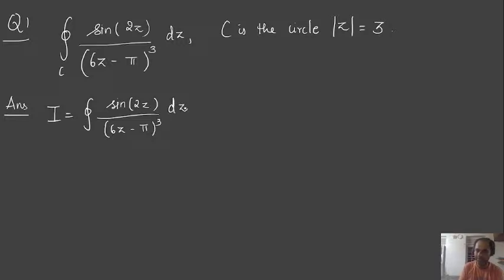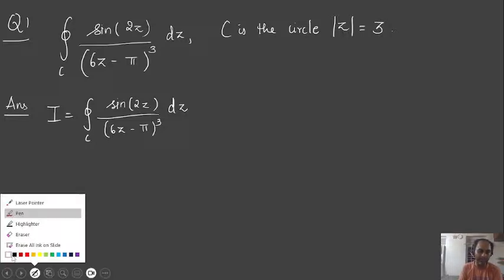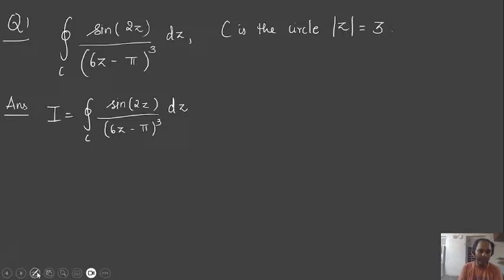You write this, and after this, we always want our denominator in the following format. I would like to have my denominator in the format of z minus z naught, so you can see that the coefficient of z is always 1.